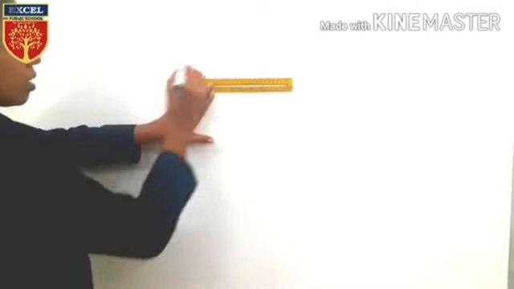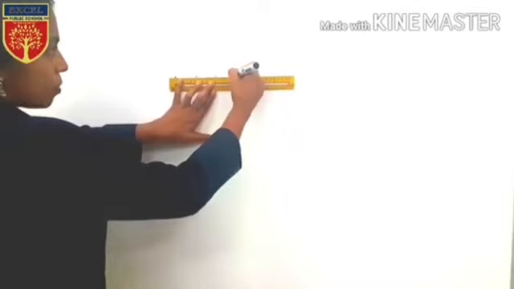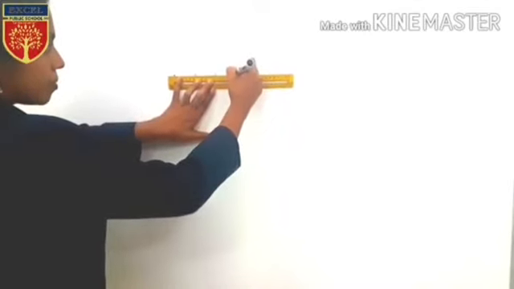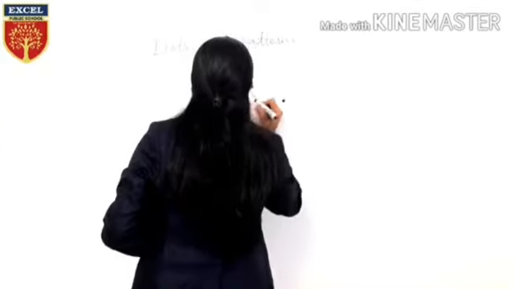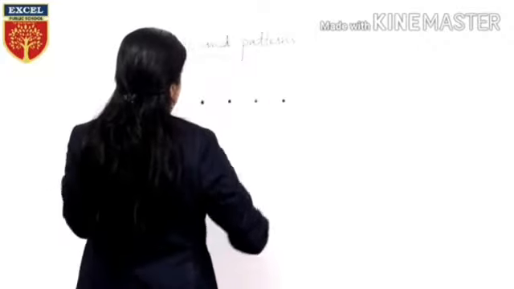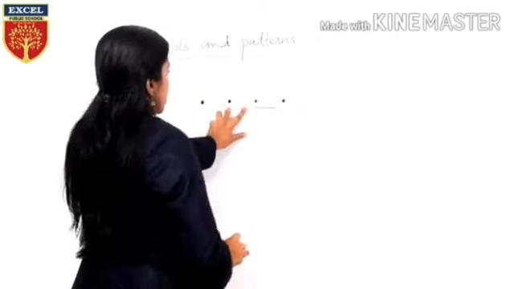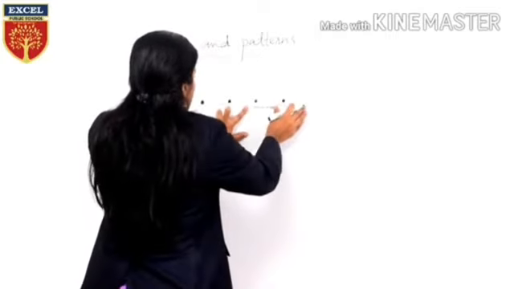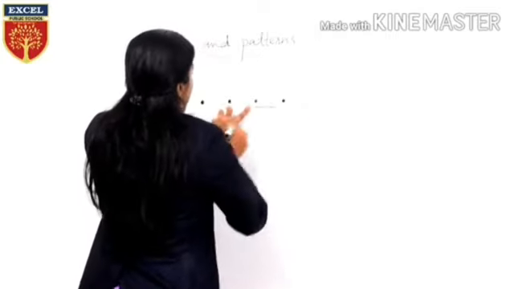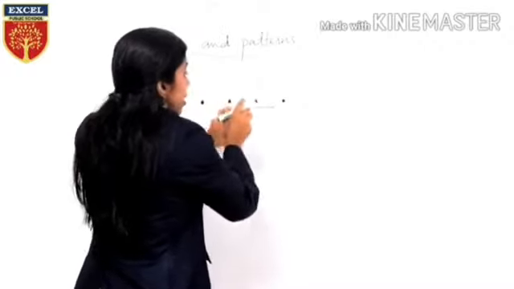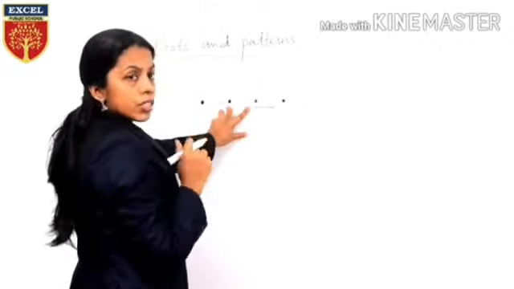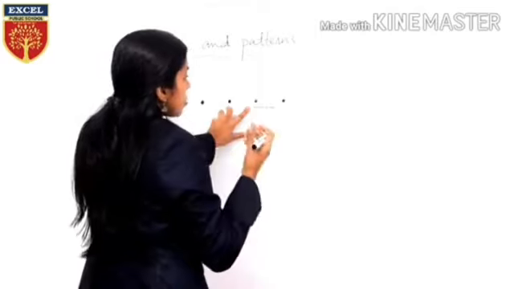Next one on number 4. Just keep your scale like this. Then draw the line by joining any two continuous dots, any three continuous dots also can.